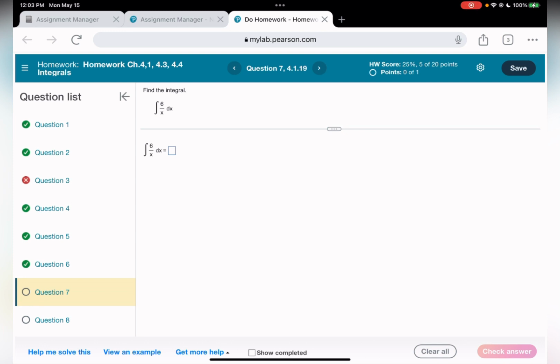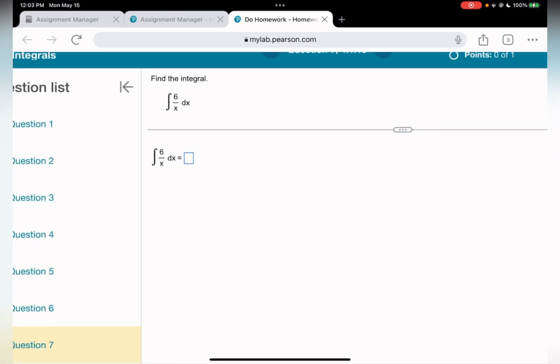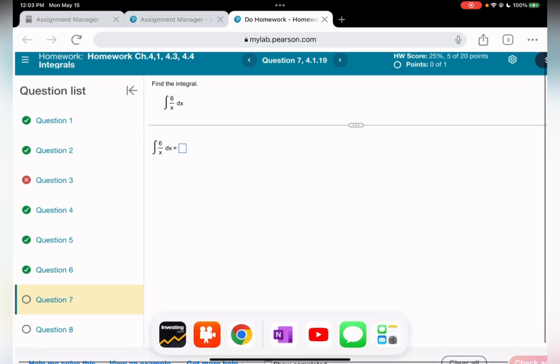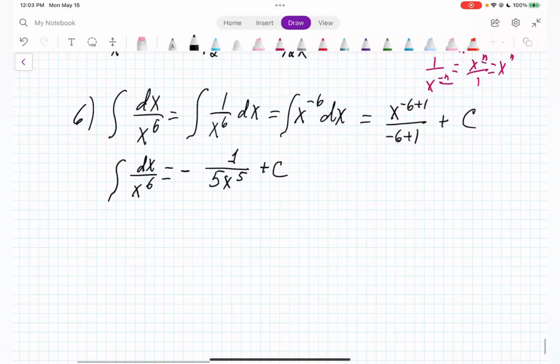So next we are moving to question number 7. Let's see what we have in question number 7: 6 over x. Number 7, the integral of 6 over x dx. What do we have here?